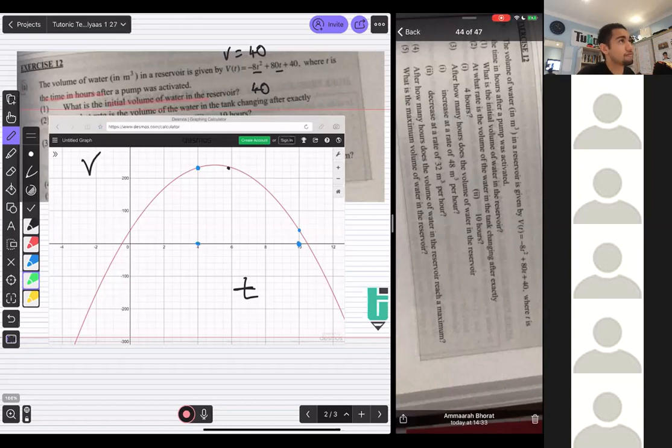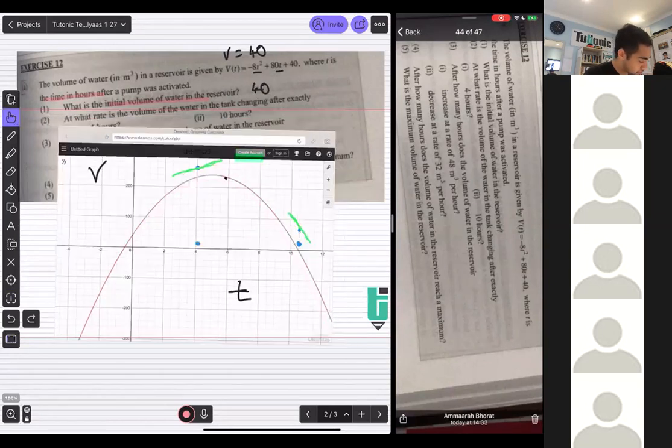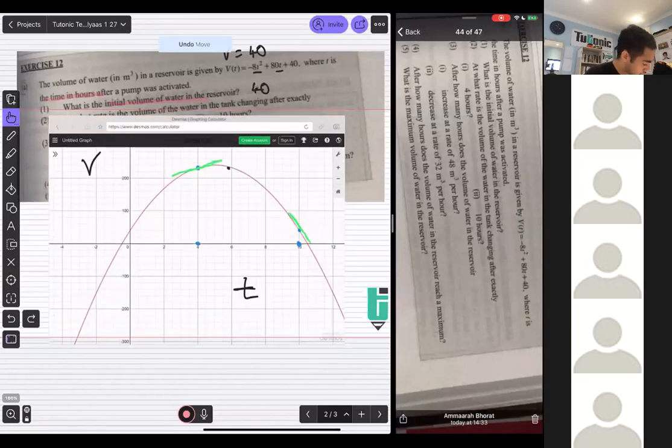You could draw a tangent, just so that you could see what's happening. Is the gradient of the tangent positive or negative? It's positive here, and here negative. So do you understand why you got a positive answer first and then a negative answer?